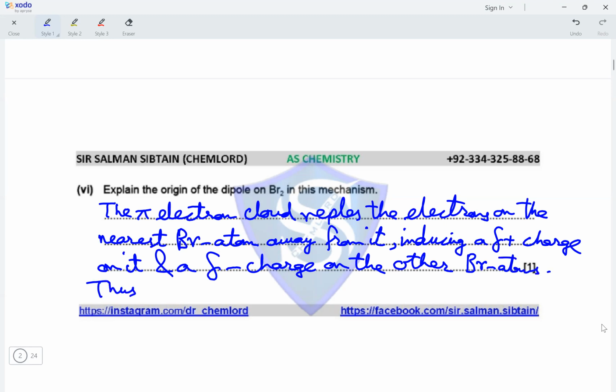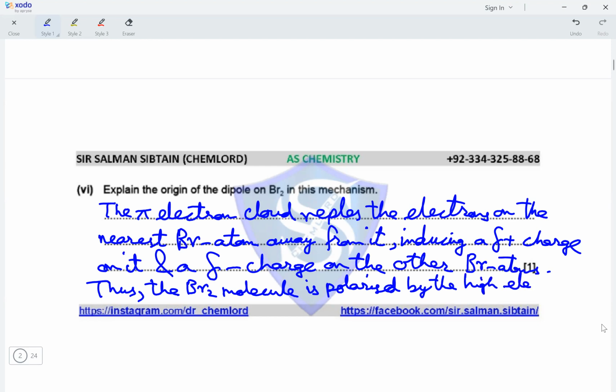Thus, the Br2 molecule is polarized by the high electron density of the pi bond. So that is how the partial positive and the partial negative charges or a dipole exists on the bromine molecule.